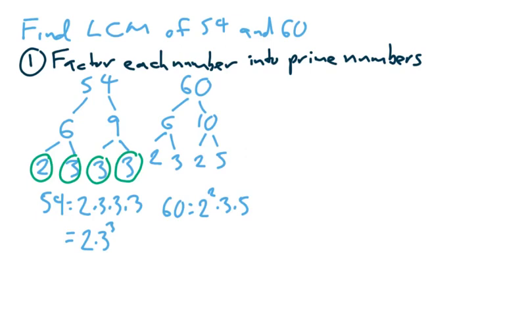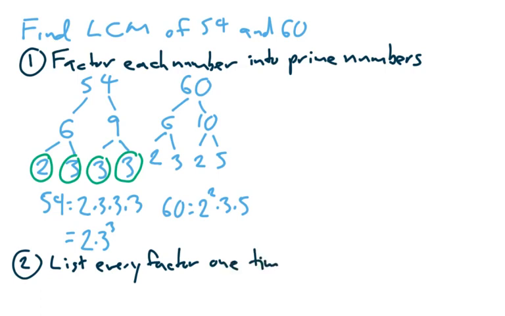Now, step number 2. In step number 2, what we're going to do is list every factor one time that appears in either factorization.